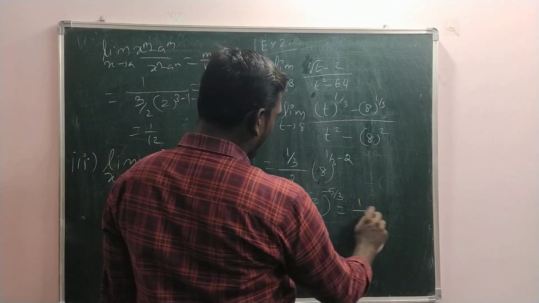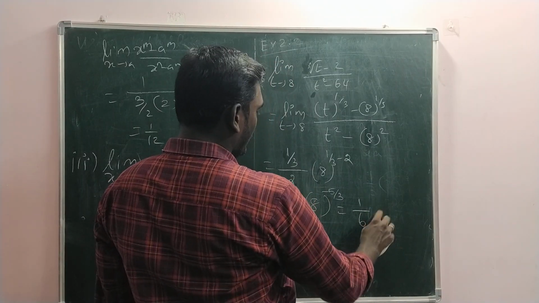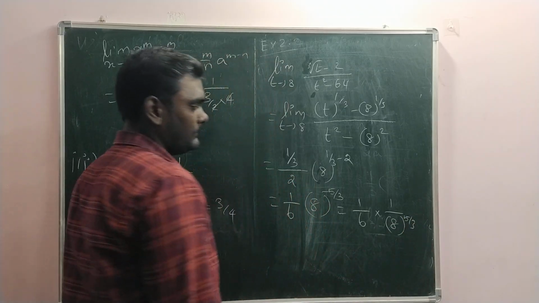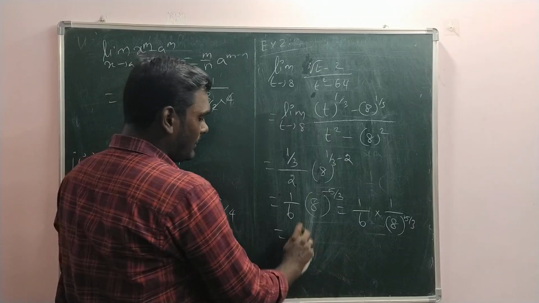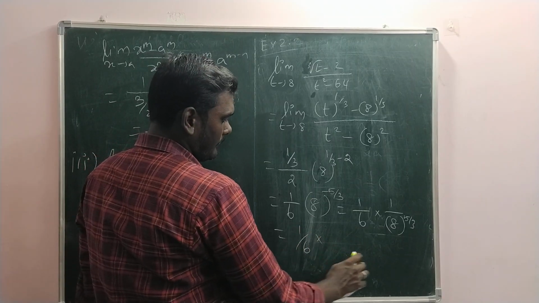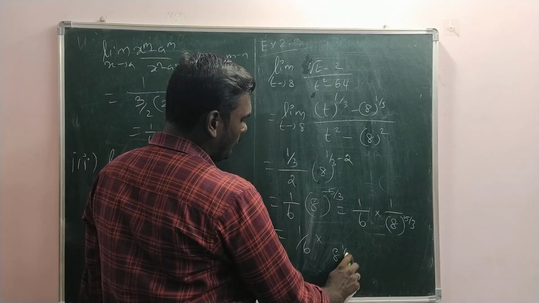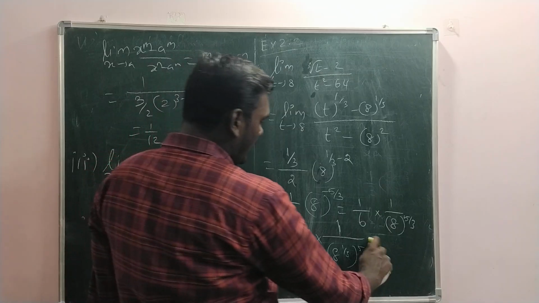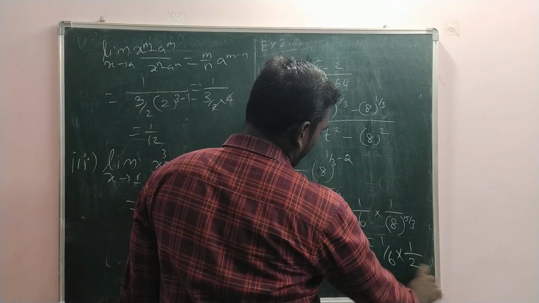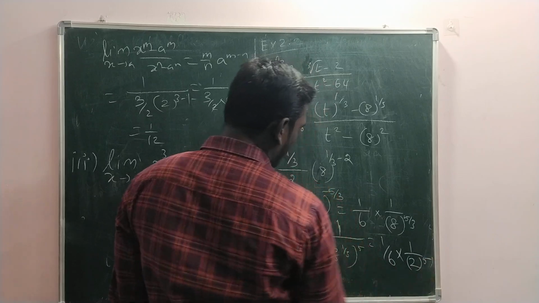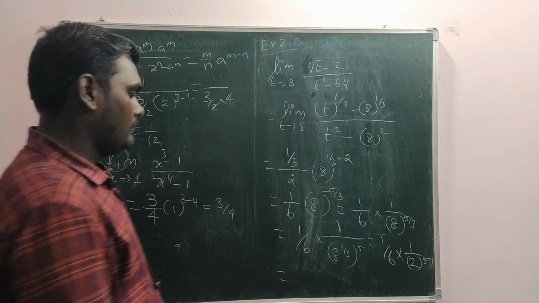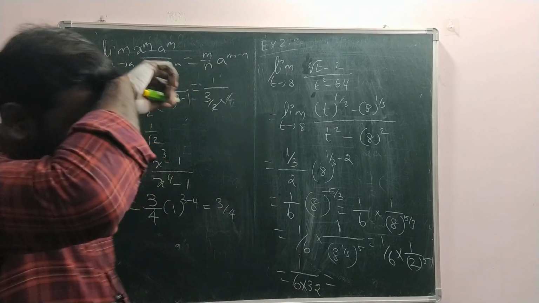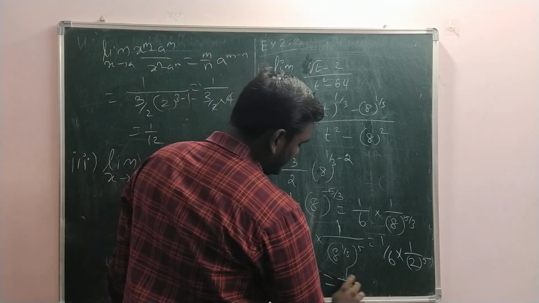That is 1 by 6 into 1 by 8 power 5 by 3. 8 power 5 by 3 means 8 power 1 by 3 whole power 5. 8 power 1 by 3 is 2, 2 power 5 is 32. 1 by 6 into 32, 6 3s are 18, 192.